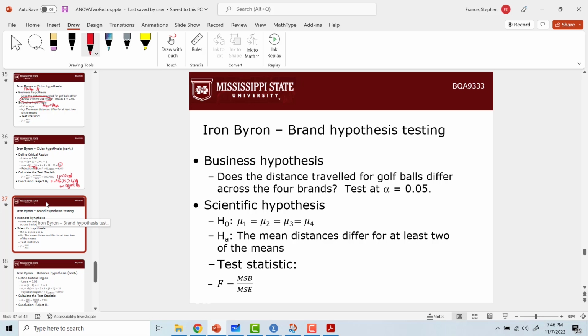Okay, so we now have the brands. This is factor B across the 4 brands.